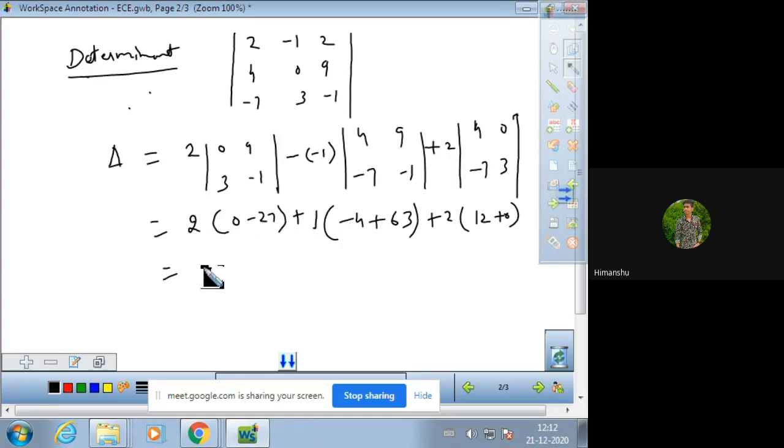So we get 59 here, and the minus sign is already there, so that is why it comes out to be plus.